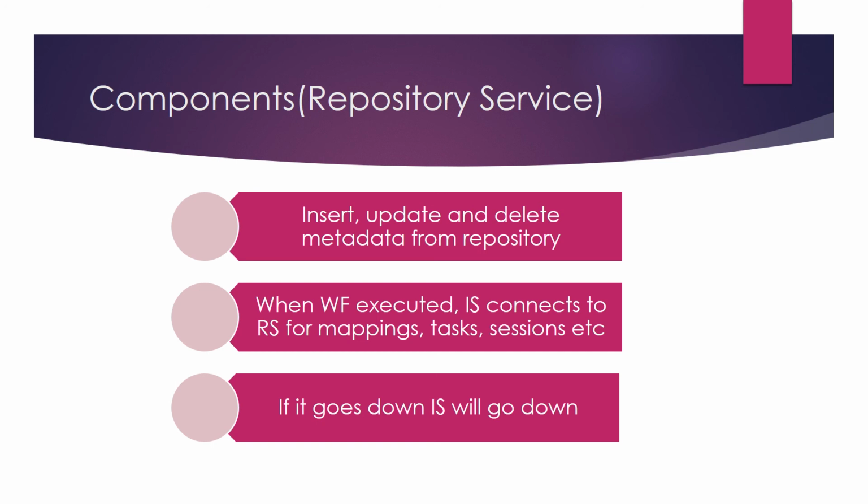When the integration service executes, it first maps these things with the repository metadata, then it moves forward. So if your repository service is down, you cannot start; you should have your repository service on for the integration service to work. These both are dependent on each other. Like here, if it goes down, the integration service will also go down.